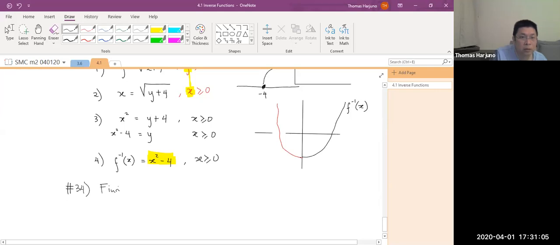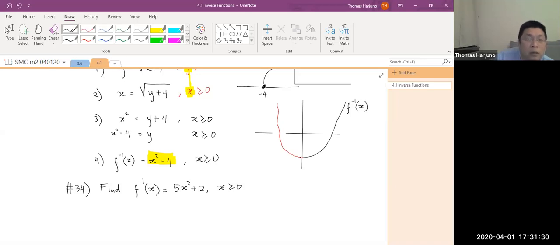Find the inverse function of 5x squared plus 2, where x is greater than or equal to 0. Sorry, I didn't write it right. Let f(x) equal this function, find the inverse function.